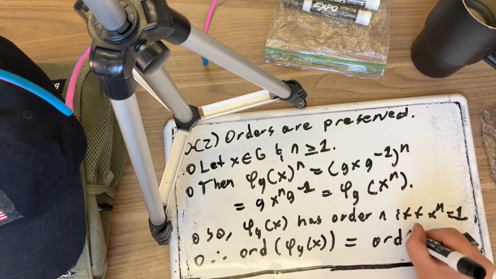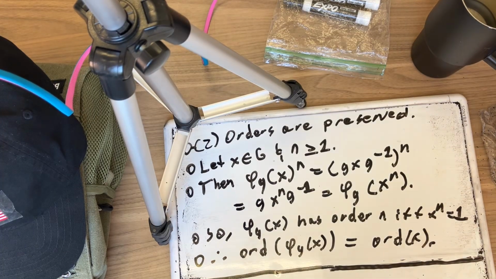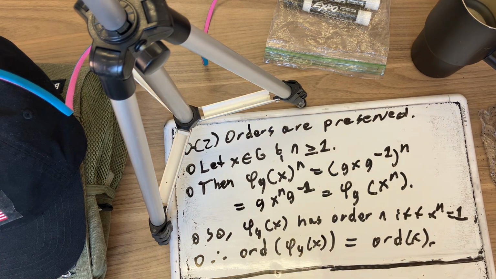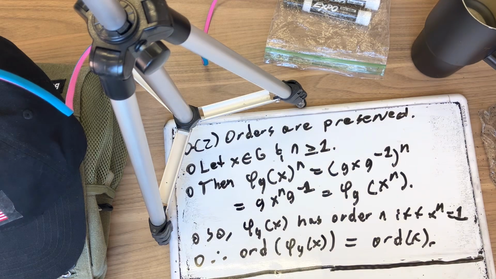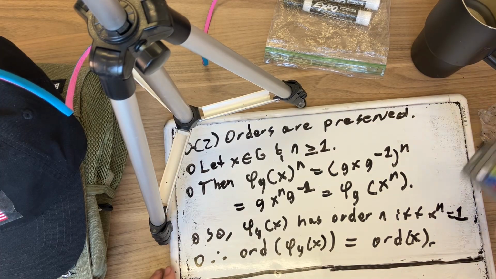It's equal to the order of x, right? So there we have our order preservation. Which is interesting. It's an interesting way to think about it, right? Like bijections preserving cardinalities and automorphisms preserving the orders themselves. So that's a good way to think about it. Now let's move on to, that's supposed to be an x, not a lambda. There we go. Let's move on to the next part, which is part 3.